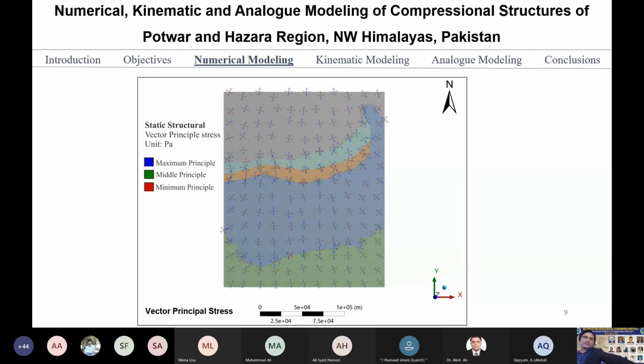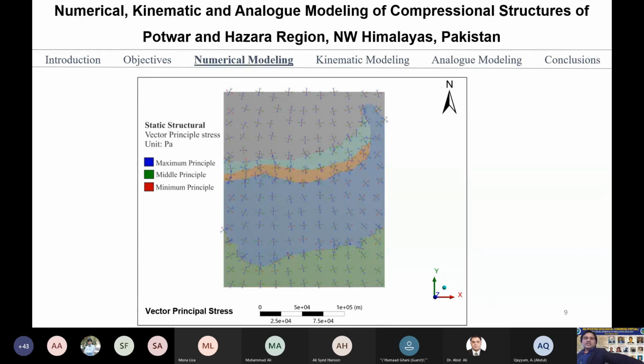When the maximum principal stress strikes the fault plane, it shows different rotations, clockwise and anti-clockwise. And these rotations are because of the angle of the fault plane. And then maximum rotation can be seen on the eastern side of the Salt Range thrust. This is also because of the angle of the fault which strikes with the maximum principal stress.